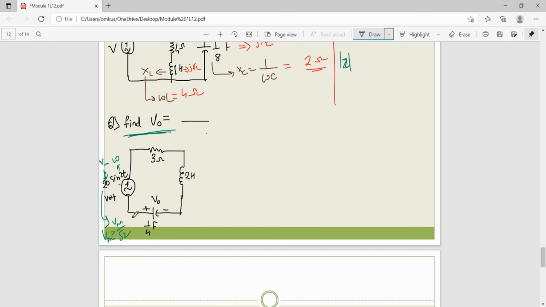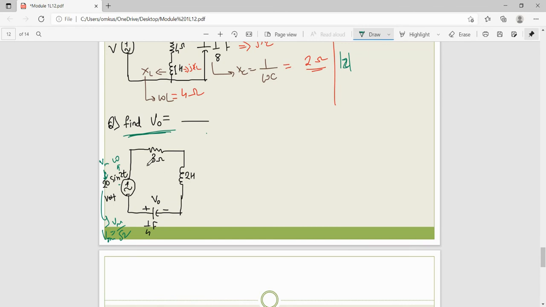So you can use this Vrms and proceed to solve the question, or you can use the maximum value and proceed. But when you want to find the power, you need to take the rms value, right? So try to solve it and let me know what you get.